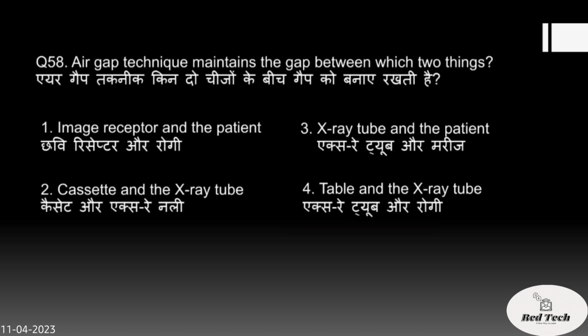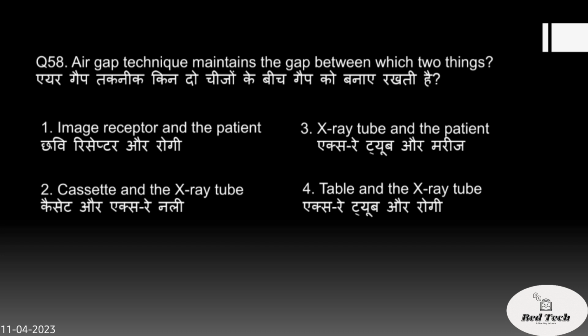Question number 58. Air gap technique maintains the gap between which two things? So in the air gap technique, which two things matter a lot? Options are: image receptor and the patient, option 2 is cassette and the X-ray tube, option 3 is X-ray tube and patient, and option 4 is table and X-ray tube.